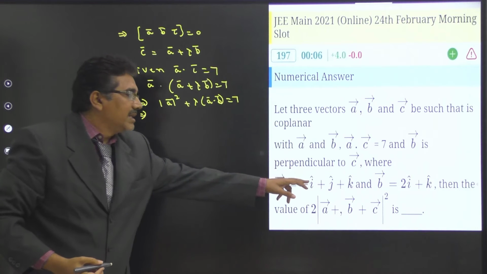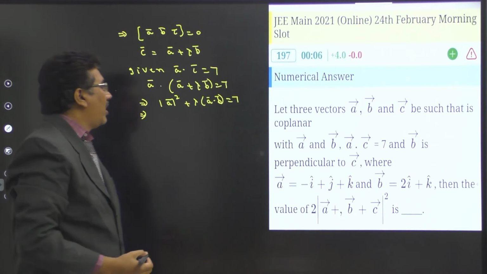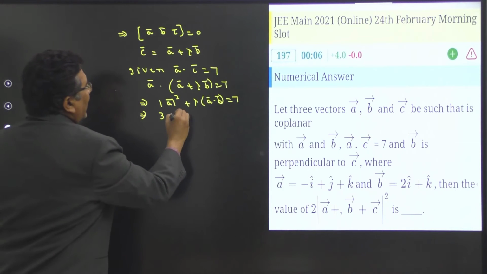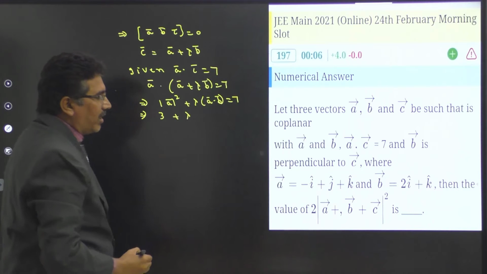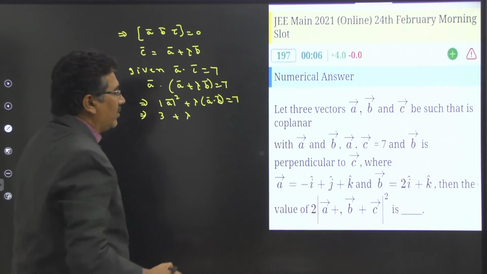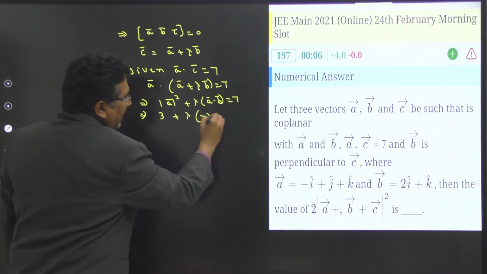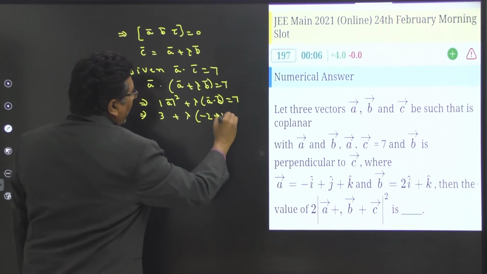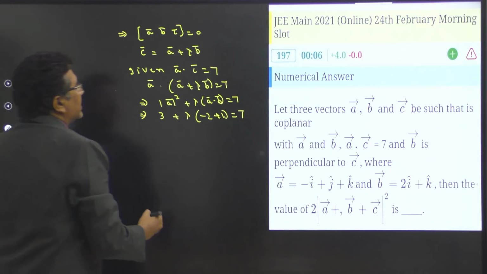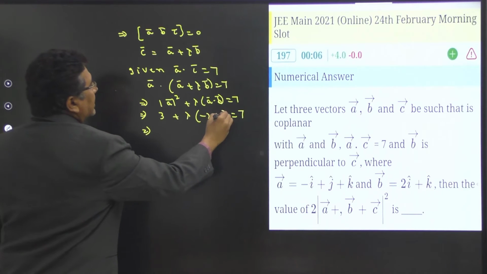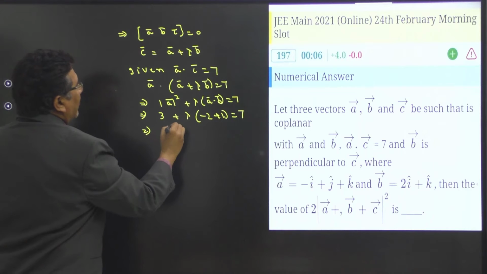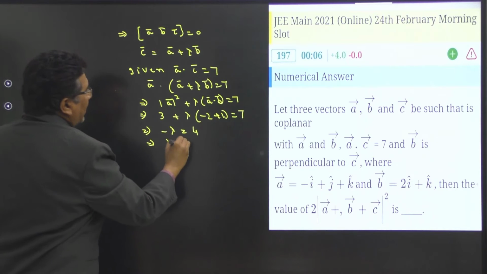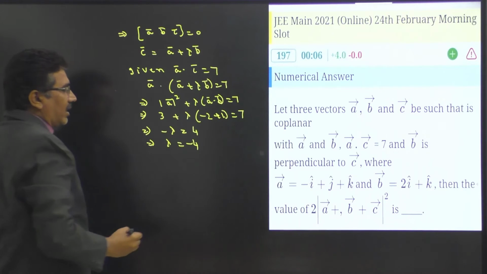Mod a bar is root 3, so mod a bar square is equal to 3. Now, a bar dot b bar is equal to minus 1 into 2 minus 2 plus k bar dot k bar, that is equal to 1. That implies 3 plus lambda into 1... is equal to 7, that implies lambda is equal to minus 4.